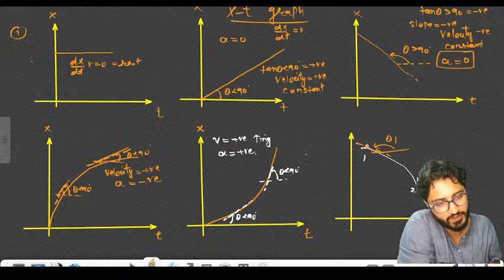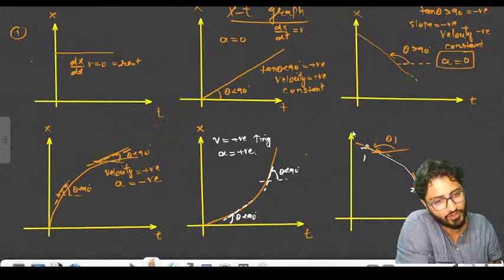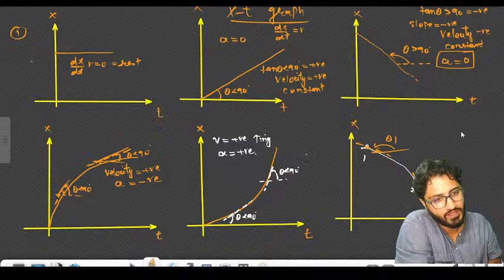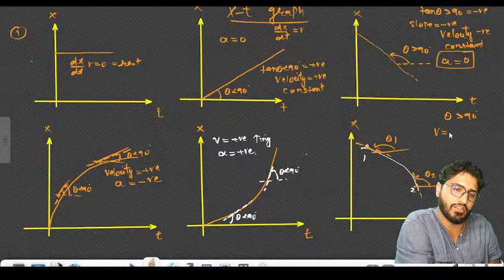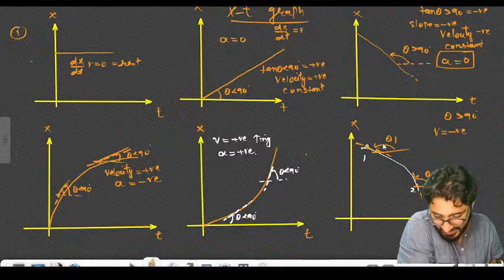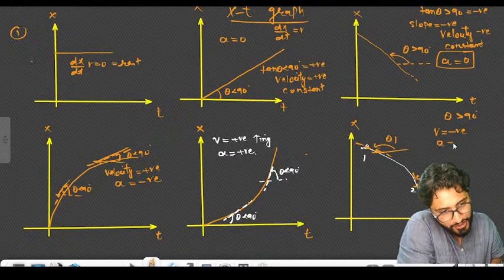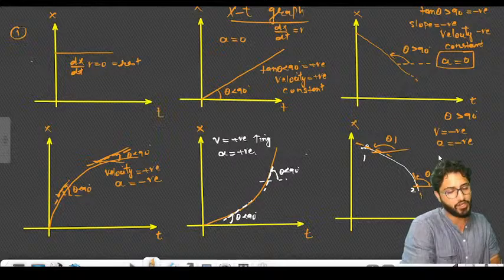Theta 1, theta 2. Done. So what you will see now, in this x-t graph, theta is more than 90 degrees, so velocity is negative. Velocity is negative, but it is increasing. You know that this is an increasing graph. That means acceleration needs to be negative. Negative, speed up.